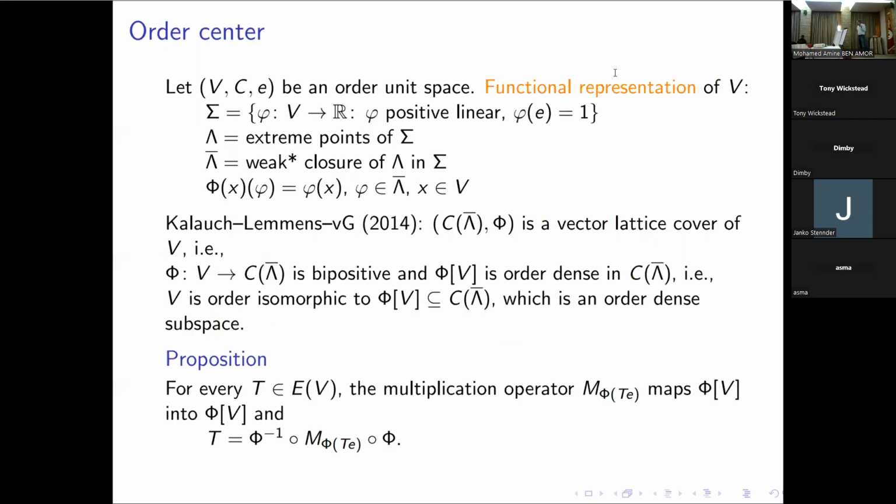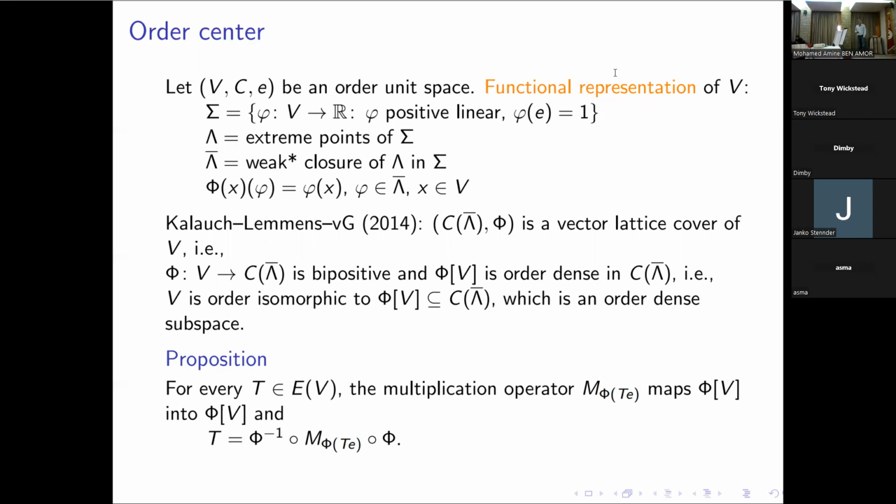Well, if you have a general order unit space and we want to talk about multiplication operators, we like to talk about functions. So we use the functional representation of that order unit space. Anke explained that. So we take the set of all positive linear functionals that are one on the unit, so the state space. We take the extreme points of that. We take the weak-star closure of the extreme points, and then we can embed V into the continuous functions on this set by the usual way of taking point evaluations.